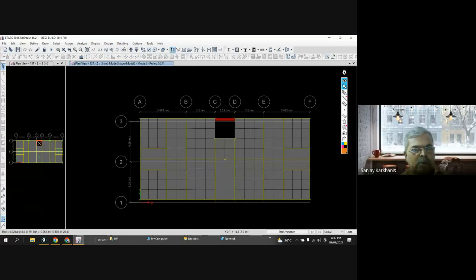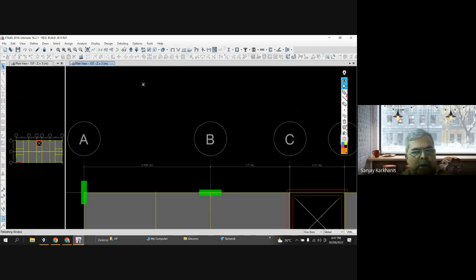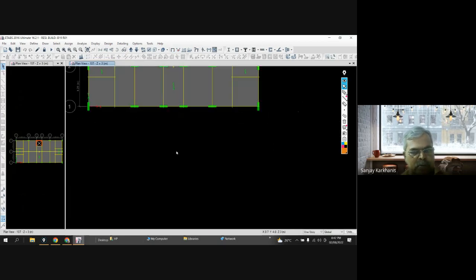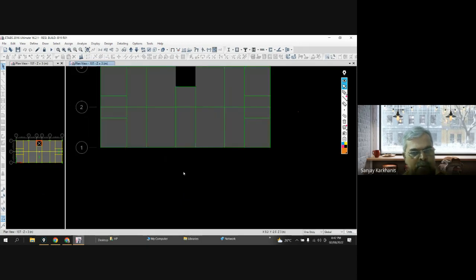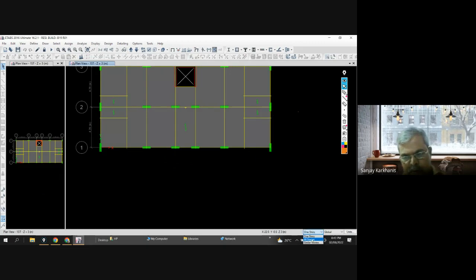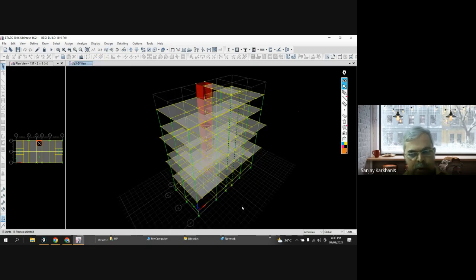Okay, so I will go to this. See, this is our structure. Okay. Now what I will do, the first thing is that I will go for all story, and here I will choose this column and this column, right? So the columns are considered, and now I will change their orientation.